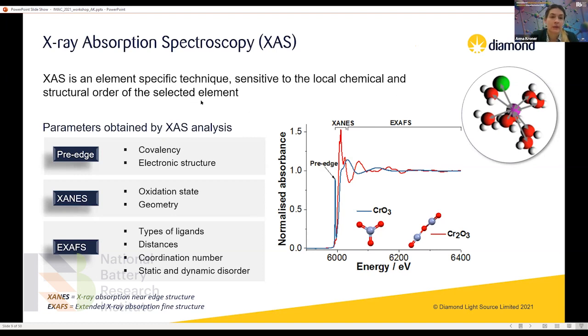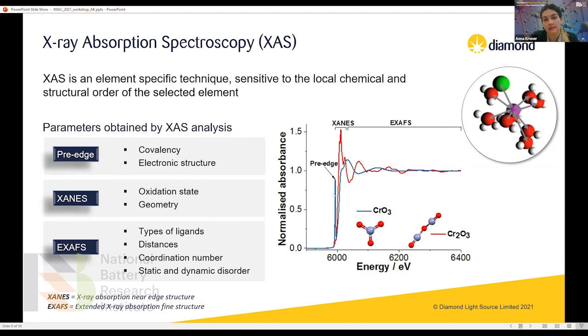So the list is quite extensive, and this is just an example of the data showing chromium +6 and +3. And you can appreciate how sensitive the measurement is to oxidation state, geometry and general local structure. So the pre-edge feature, which is pronounced quite distinctly for chromium +6, is telling us about the symmetry of the studied element.